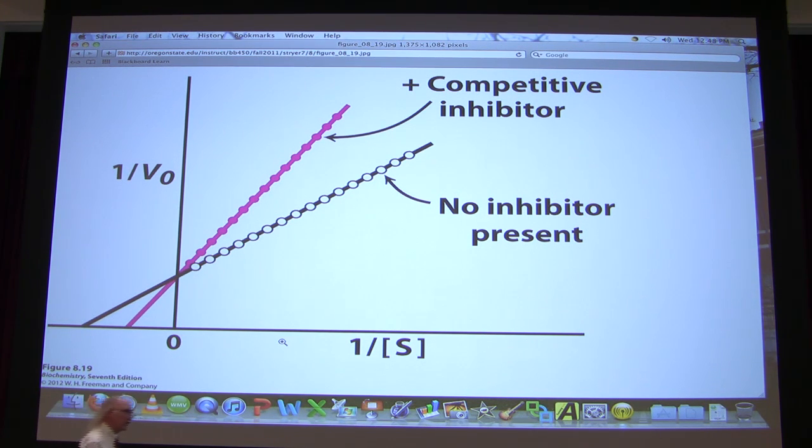If you recall, where a Lineweaver-Burk plot crosses the y-axis is 1 over Vmax. We're looking at competitive inhibition because Vmax doesn't change. What does change is Km. Km gets larger, and that means minus 1 over Km gets closer to 0. This plot is what we would see for competitive inhibition.